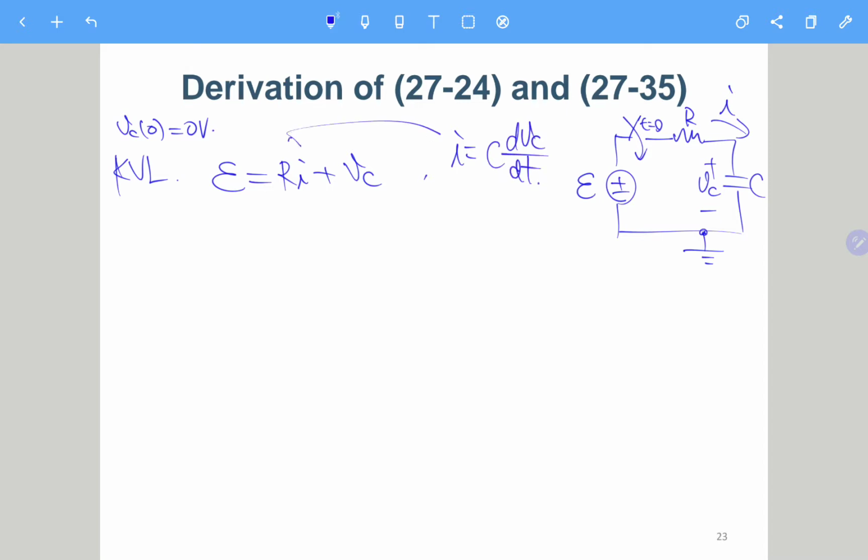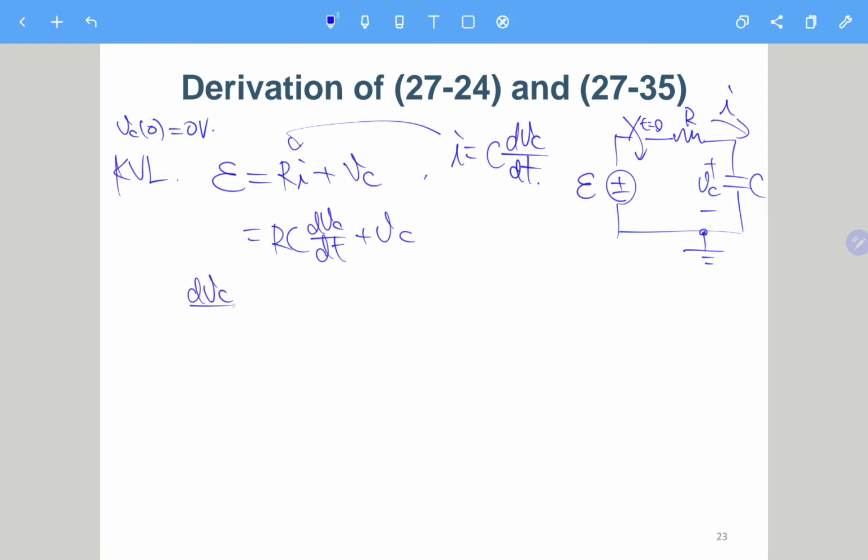So we can just plug in this one here. So we will get RC dVc/dt plus VC equals E. So you can see here is a first order ODE with a constant coefficient. Okay, so we can slightly rearrange the terms.